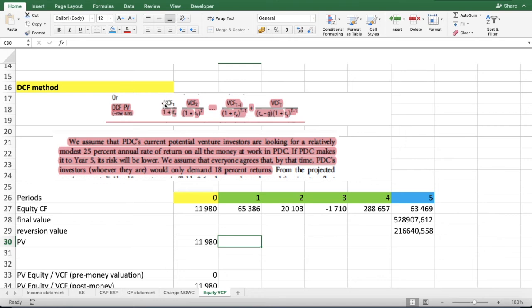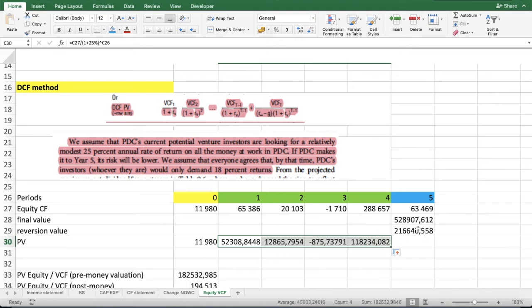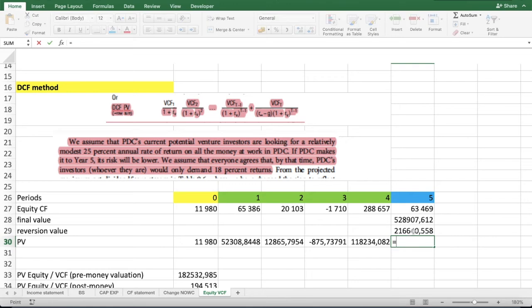So value of cash flows 1, which is this one, equal, see, divide by 1 plus RV power 1. 1 plus the RV, which is 25%, right, power the number of periods. And we scroll until the year 4, not the year 5, because for the year 5 it is already computed, until the year 4, right? So for this one, just to put equal to the reversion value.